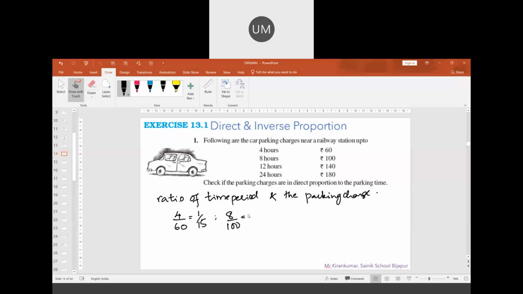When we simplify 4 by 60, it is 1 by 15. 8 by 100 is 2 by 25. 12 by 140 is 3 by 35. Next is 24 upon 180, which is 2 by 15. So when we observe this, the ratios are different here.